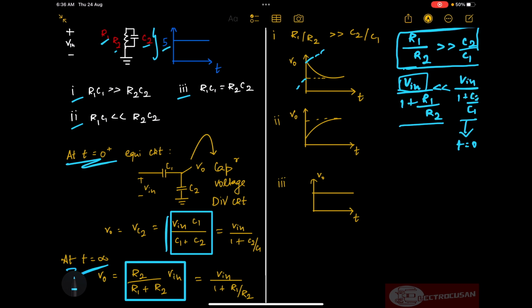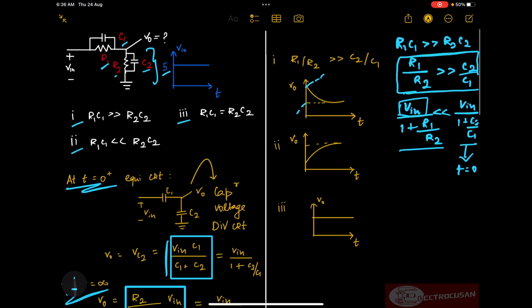Now in order to find the time constant, we look into this circuit and find that the time constant turns out to be the parallel combination of capacitances multiplied with the parallel combination of resistances. This is the corresponding time constant here.